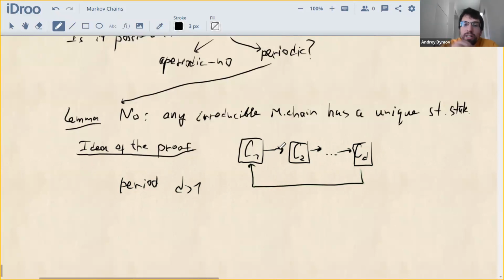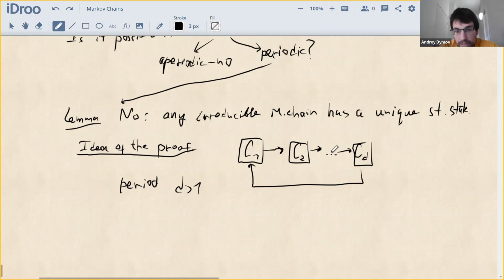And now let us consider another Markov chain which is formed by these blocks. In fact, this can be done. The question is how to determine the transition probabilities between these blocks. But this is not so complicated.